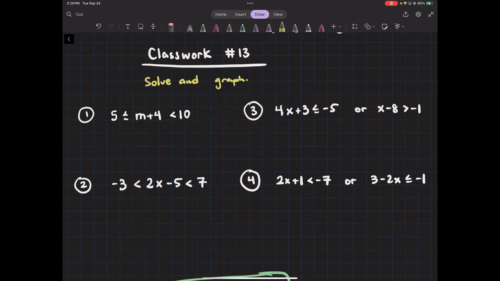You subtract 4 from both sides, on all the sides, right? Wait, so actually, this would be right.